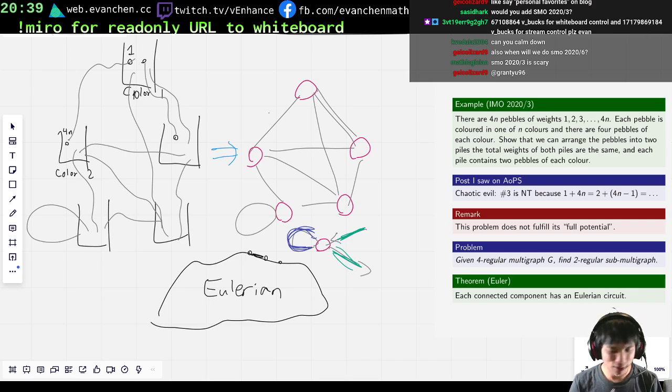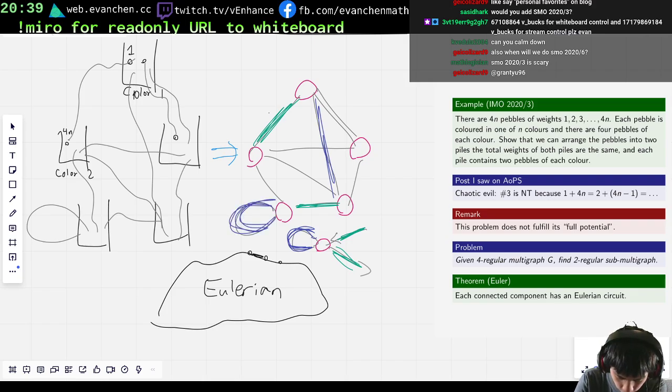So let me do this on this graph as a demonstration. I'm going to start here. I'm just going to use every edge once and color them green and blue in alternating colors. And I need to be careful to not push myself into a corner while doing this. So that's blue. That's green. Am I stuck?